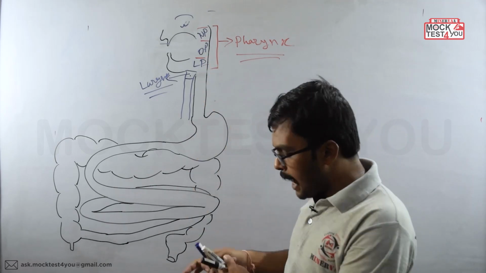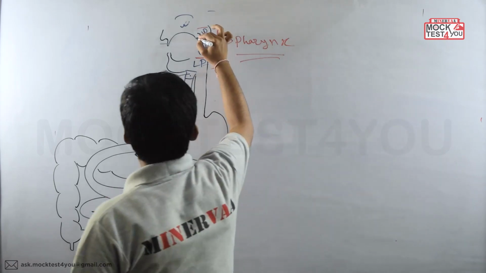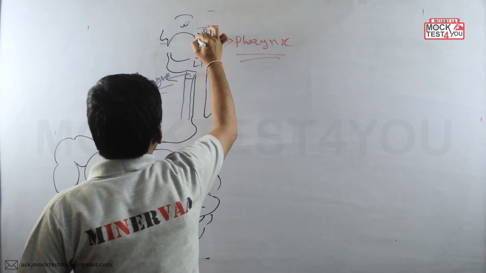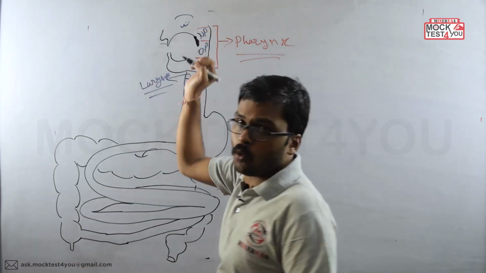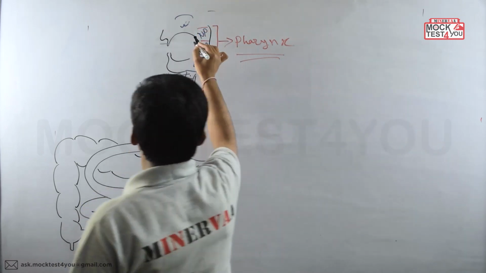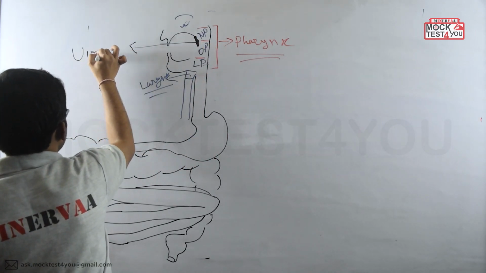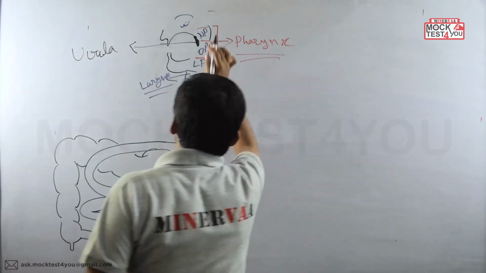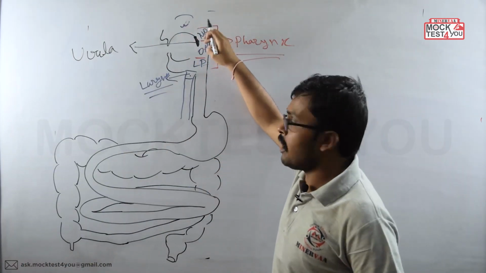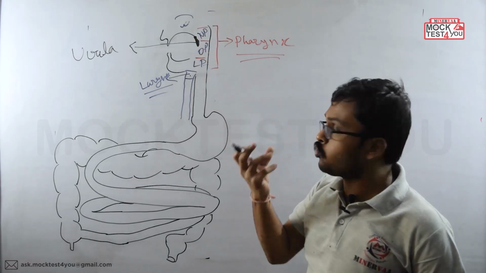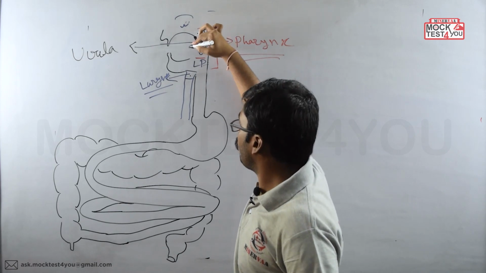For that I had drawn a structure last day over here. At the end of the palate, a structure is hanging. I told you last day this structure is called the uvula.